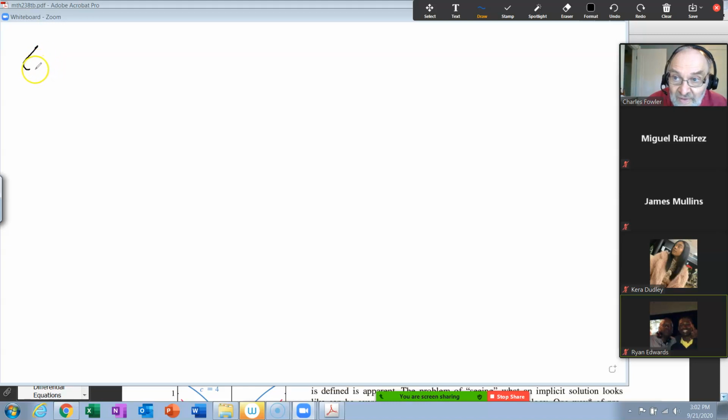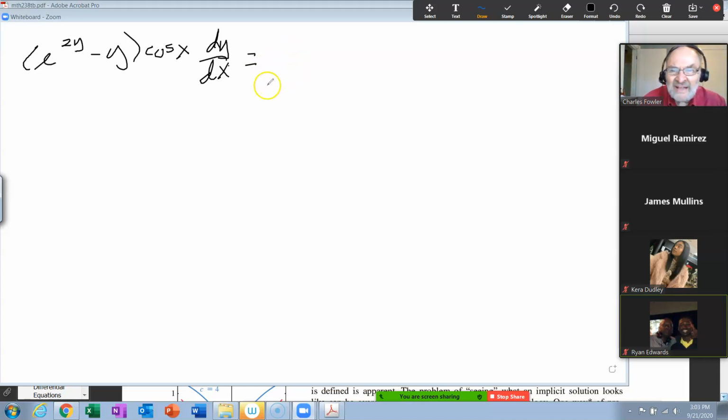Open parentheses, e to the 2y minus y, that's down on the lower level, cosine x dy dx is equal to e to the y sine of 2x.